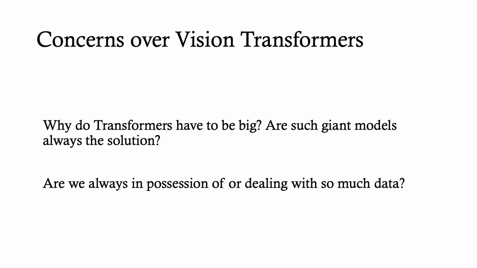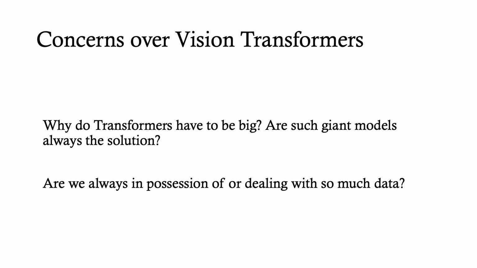This big data and computing paradigm raises various concerns. The two big questions we have here are: why do transformers have to be so big, and are such giant models always the solution to our problems? And the second question is, are we always in possession of such large datasets, or are we always dealing with the problems associated with so much data?